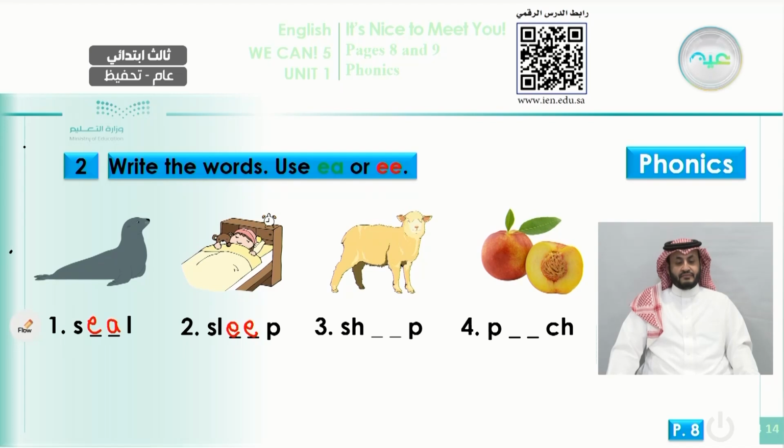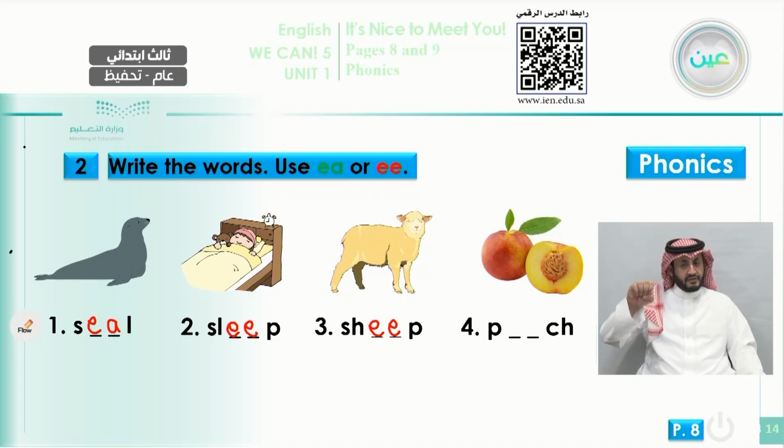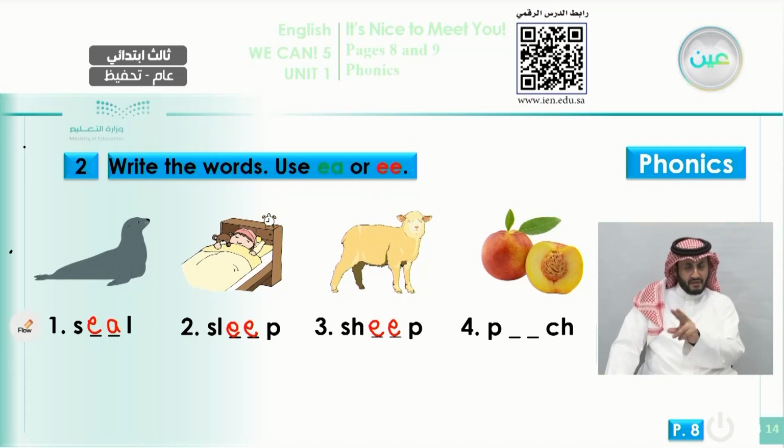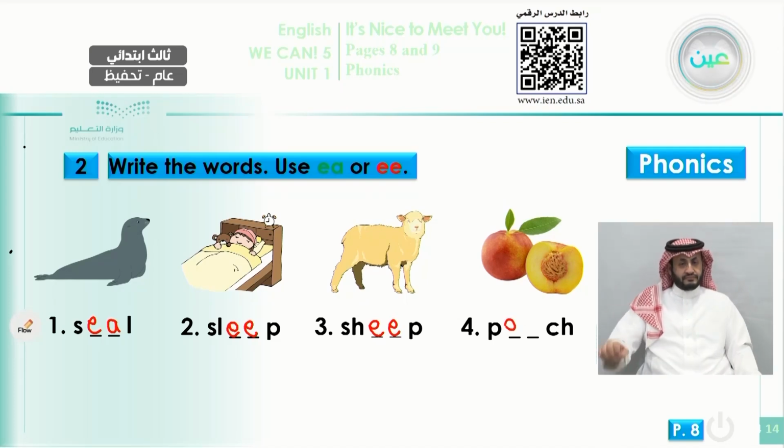S-L-E-E-P. Also, we can do the same with the sheep. This is the sheep, double E. S-H-E-E-P. Peach also, but here the second letter is E, and the third one is A. So here we have peach. Okay? Let's move to the next slide now.